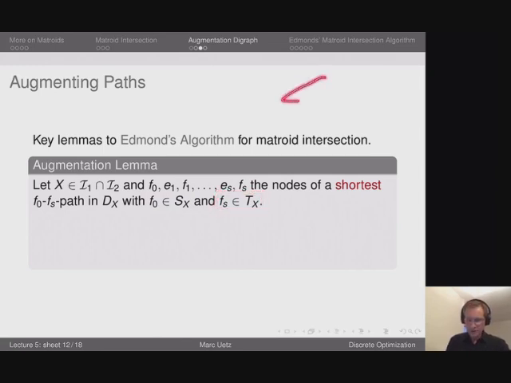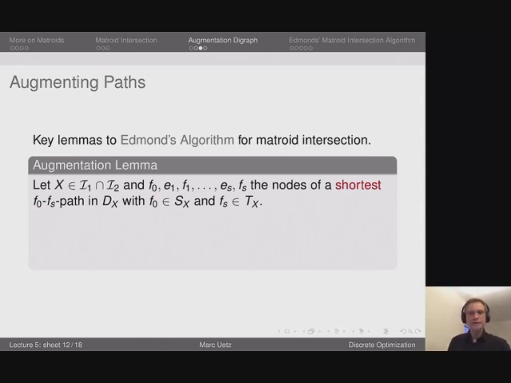So that was this zigzag path of even length that I had in the earlier example. And actually now there is one small twist here. I will come to that in a second. This is actually a path from F0 to Fs, but it's going to be a shortest path. And here shortest means with respect to the number of edges again.